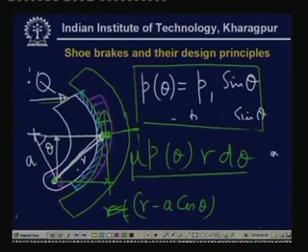This is internally expanding shoe brakes, and similar analysis could be done for the externally expanded shoe brakes also. We are not going to discuss that, rather we should discuss the band brakes and other types of brakes in the next class. So, this is all for today. Thank you very much.